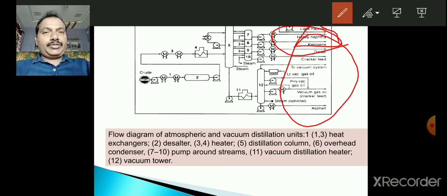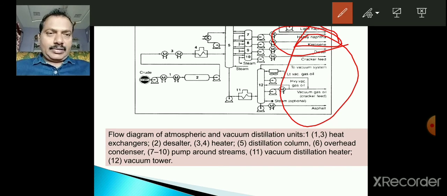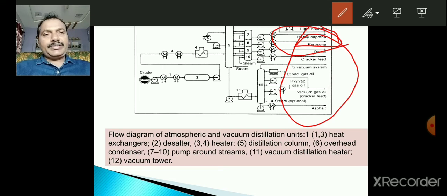So this is the actual refinery section, the oil and natural gas system. In the world, most of the plants are this, that is 95% of the plants are this, and only 5% of the plants are petrochemical plants.